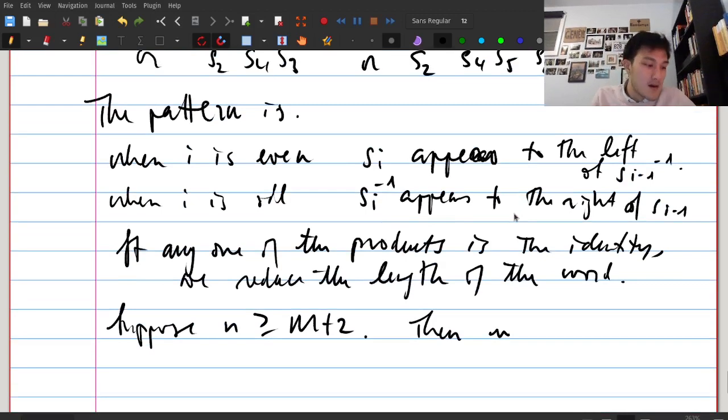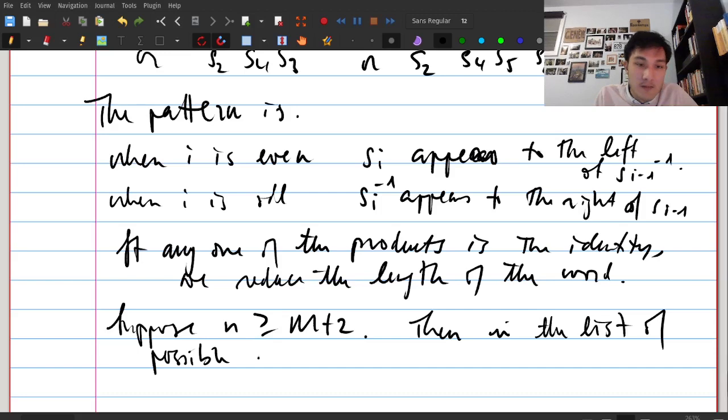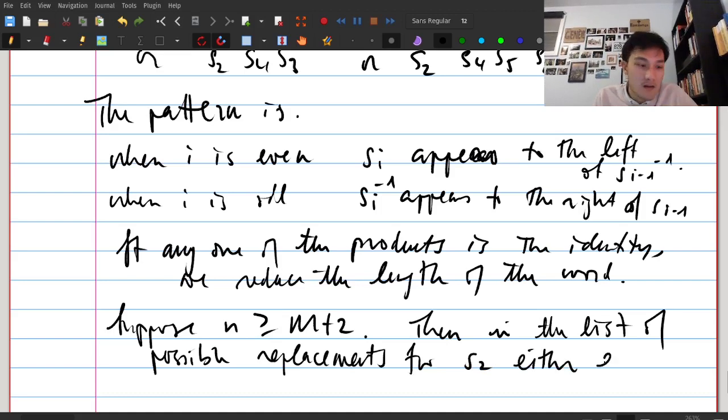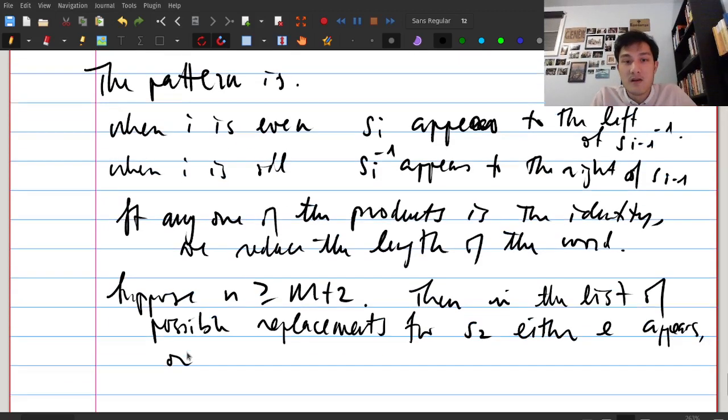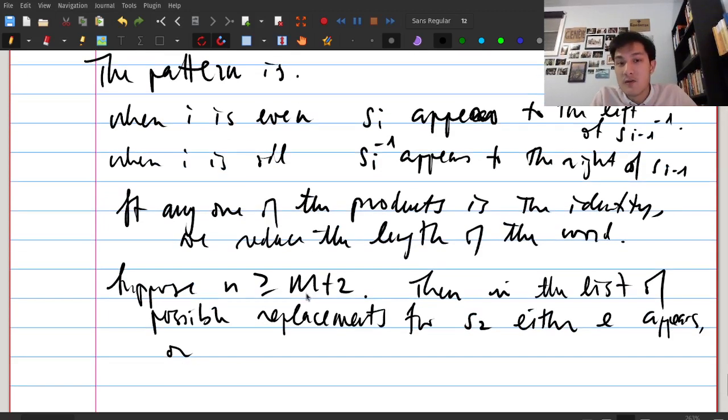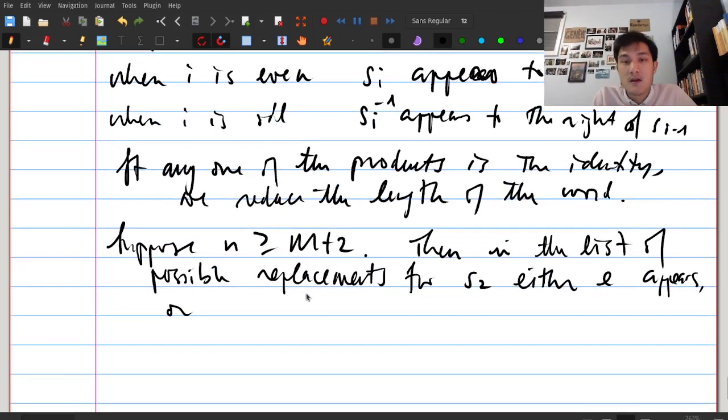Okay, so then in the list of possible replacements for S2, either E appears, or if E doesn't appear, then because the group only has m elements, some element is repeated.